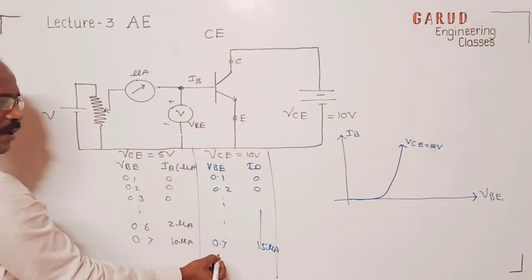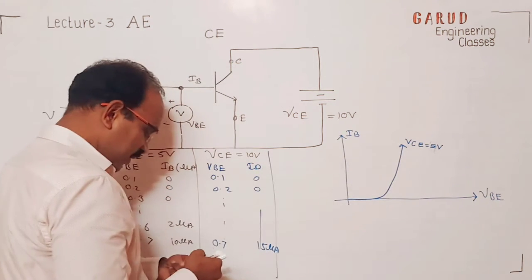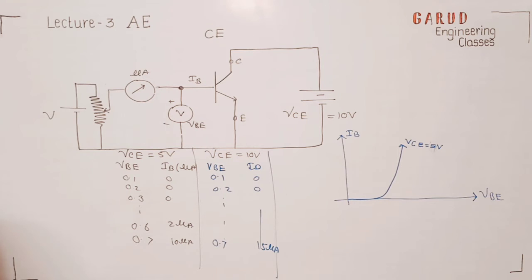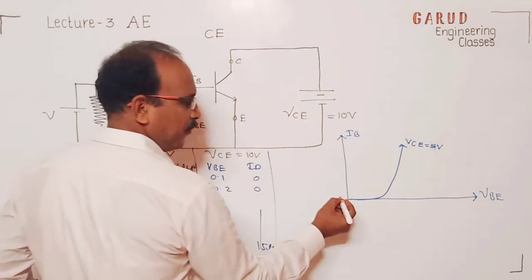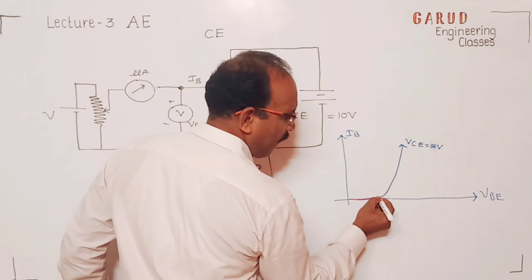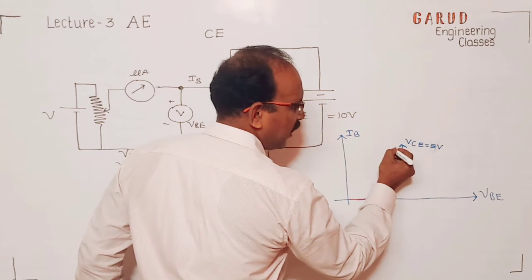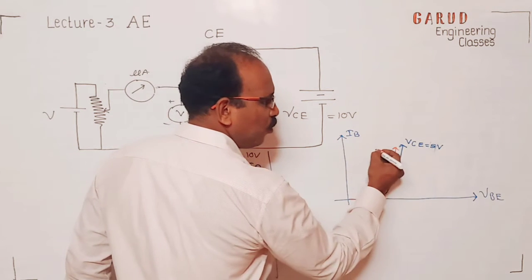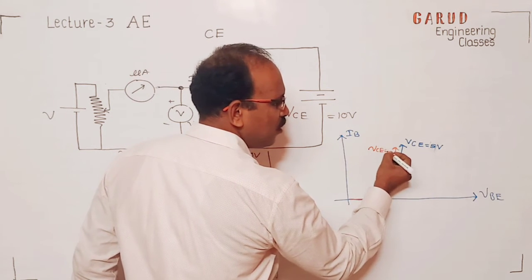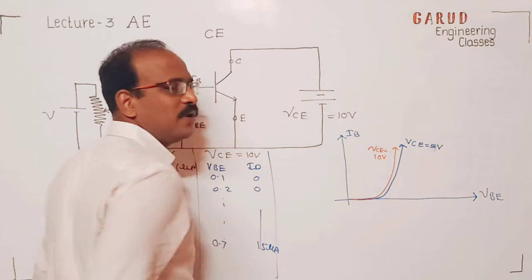Next time what will happen? The same happens, but we get an early effect, like this. This is case 2 when VCE equals 10 volts. Correct?